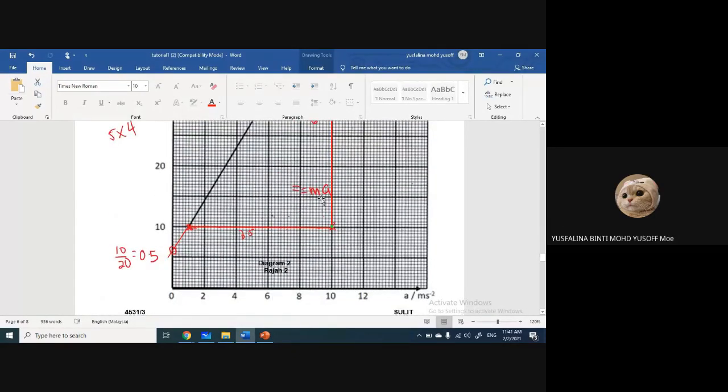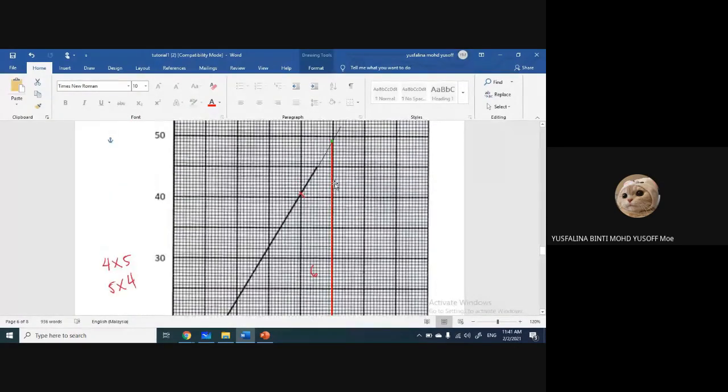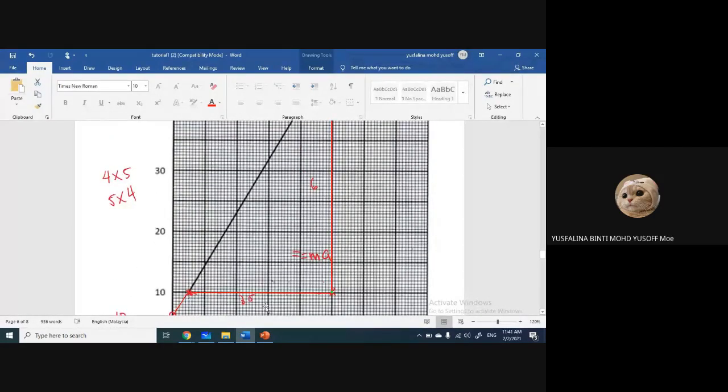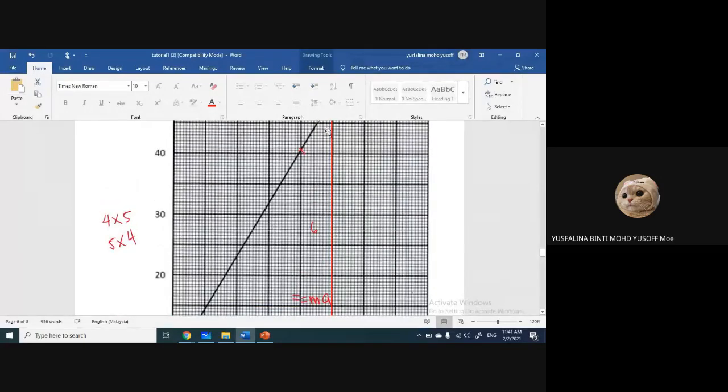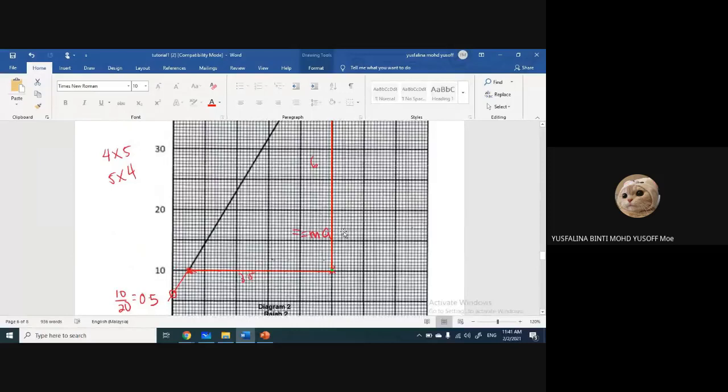So 1, 2, 3, 4. 1, 2, 3, 4, 5, 6, 7, 8. So it's more than 4 times 5 or 5 times 4. It doesn't matter whether this one is 4 boxes and this side is 5 boxes, or the other way around.